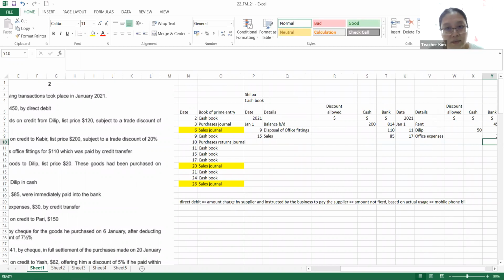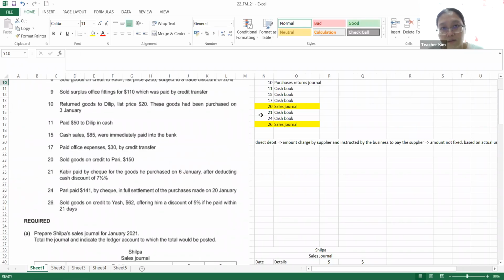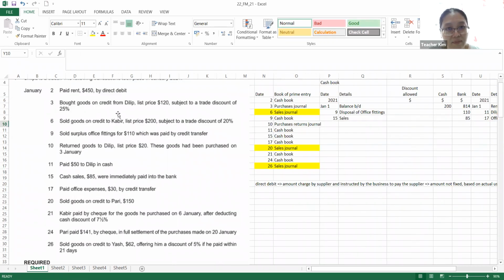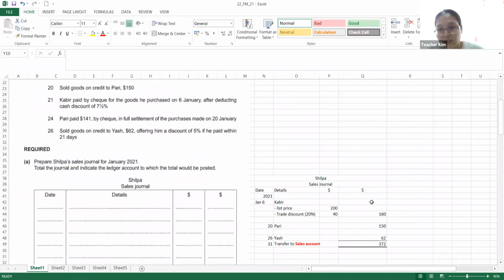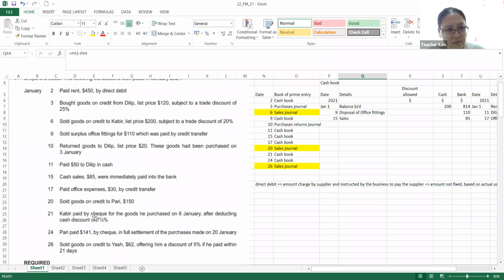Okay, next is 21st, Kabi paid by check for goods he purchased on 6. So the 6 is this amount. The amount that he purchased is 160. So here, paid by check for goods purchased after deducting.